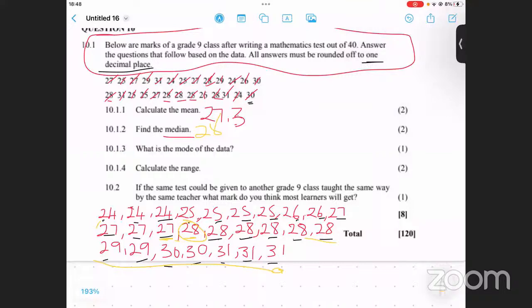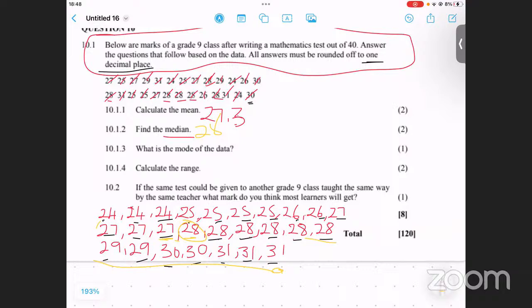Yes, ma'am. Okay. So I was asking, what is the mode? But before you answer, what do you understand by the term mode? What is meant by the mode of the data? Nyaki, this was directed to you.